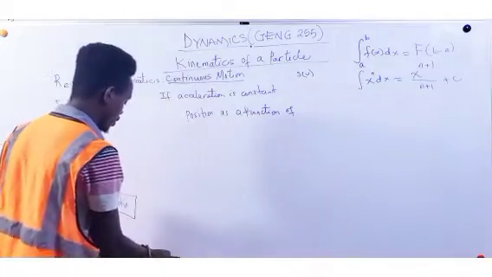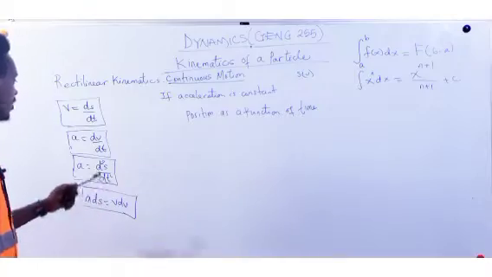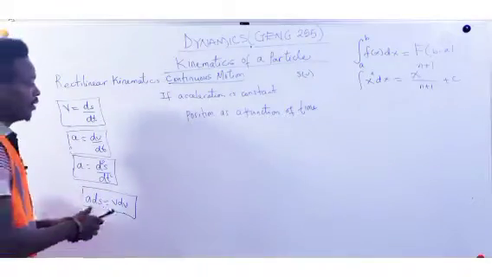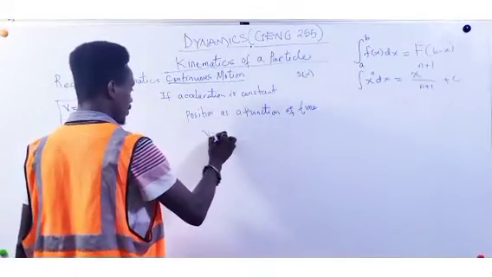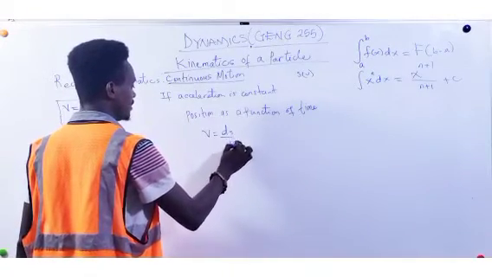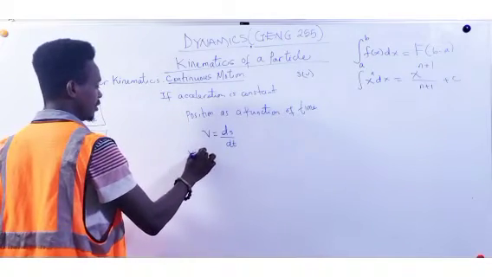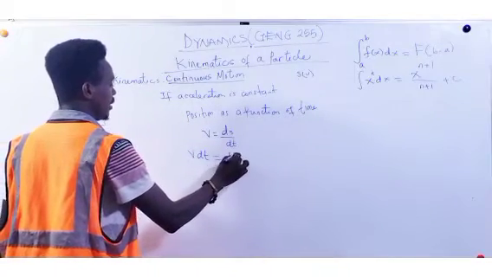Look at our next function, called position as a function of time. For the position as a function of time, we'll use our first equation again, where v is equal to ds by dt. If we cross multiply, we'll have v dt is equal to ds.